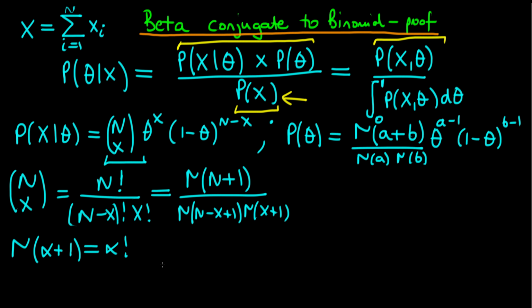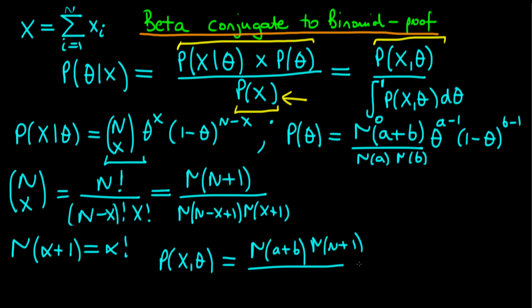So putting this all together, we can derive the joint distribution, the probability of x and theta, which is equal to gamma of a plus b times gamma of n plus 1, divided through by gamma of a times gamma of b times gamma of n minus x plus 1 times gamma of x plus 1.